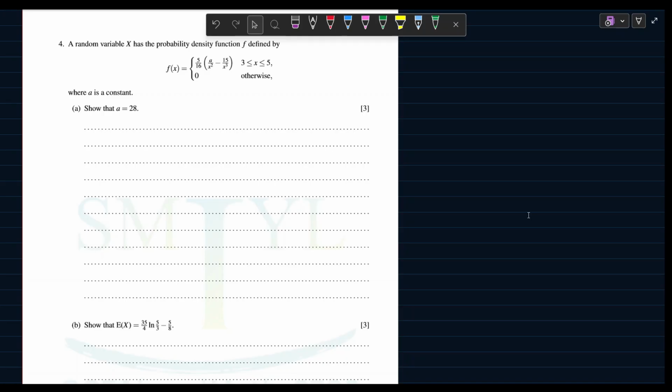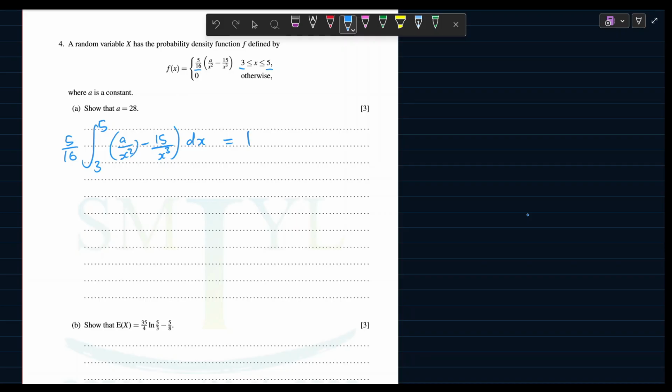Okay, so to find a, the idea we want to use is that the total area under the PDF must be equal to 1. So if we integrate from our lower bound 3 to our upper bound 5, we should get a total area of 1. So I'm going to take the 5/16 outside so that we're integrating a over x squared minus 15 over x cubed with respect to x, and this must be equal to 1.